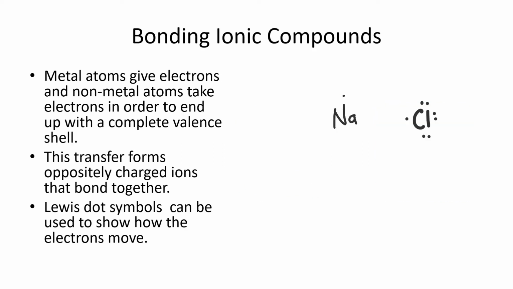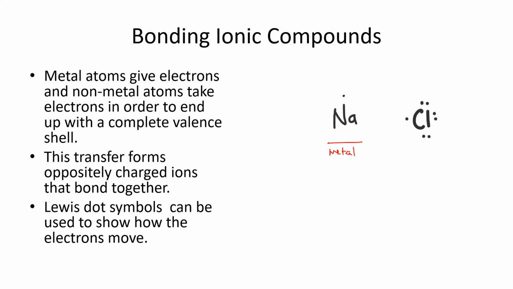Let's look a little more closely at how the atoms that make up ionic compounds form. This can be effectively done using Lewis symbols. Remember, Lewis symbols just show the valence electrons, and it's the valence electrons that are involved in bonding. If you have a sodium ion or any metal, they will often give up their electrons when they get a chance.